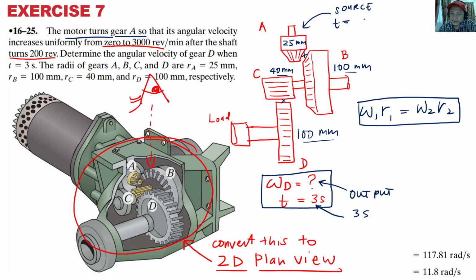When time is equal to 3 seconds, you have to look at that. So, angular velocity increases uniformly from 0 until 3000 RPM after the shaft turns 200 revolutions. How is that?